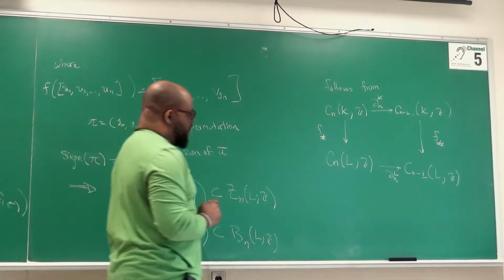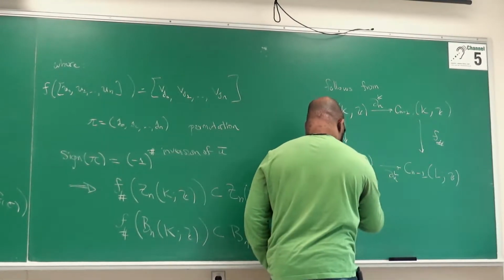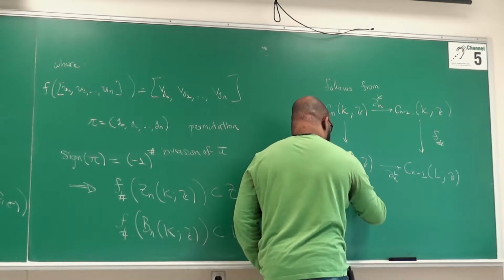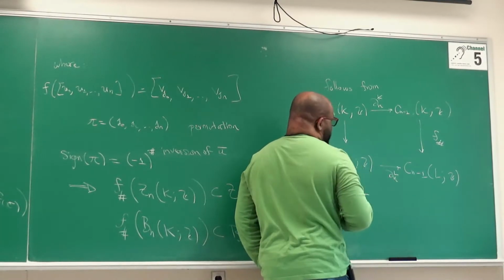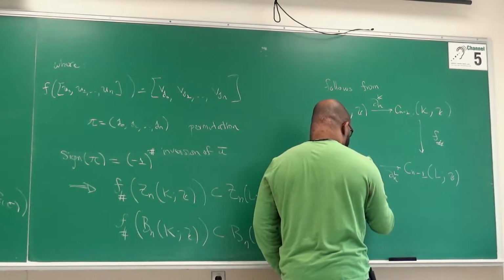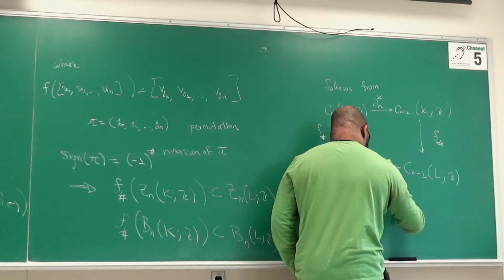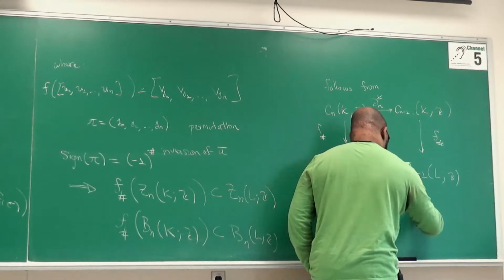And what we showed was that going this way, meaning applying f sharp to delta n of L, delta n of k, was the same thing as applying delta n of L to the other sharp.